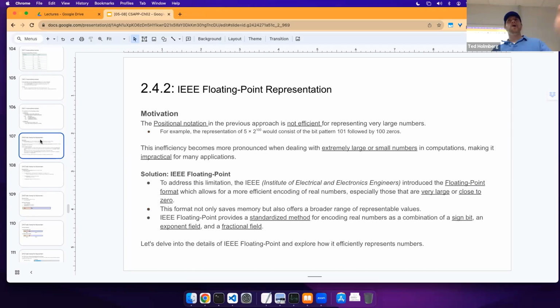Okay, so all of that has brought us to the next subsection in part 4 here, where we're going to start talking about the IEEE floating point representation. What we were looking at before is not how we actually encode our numbers, it's how mathematically we operate on binary digits.